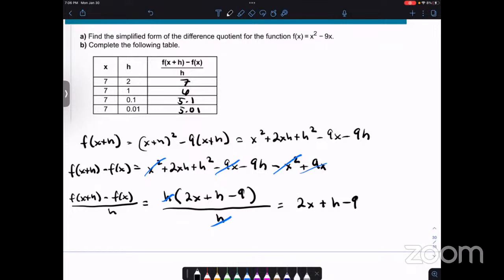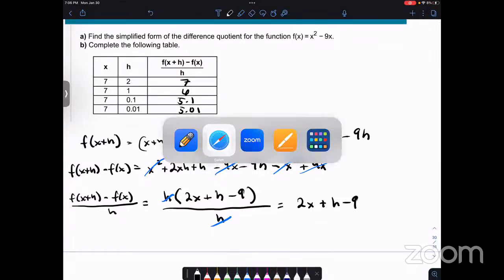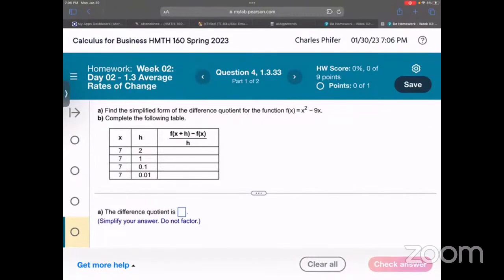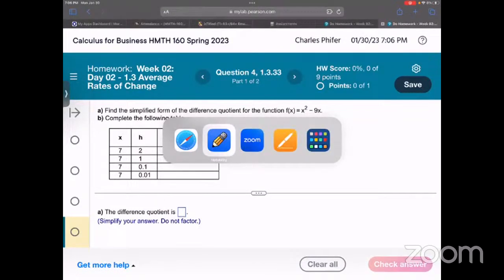So let's try plugging that in and see how we do. So we got basically 5 plus those, right? So then the difference quotient, hopefully it still lets me. We got 2x plus h minus 9, the difference quotient, do not factor.